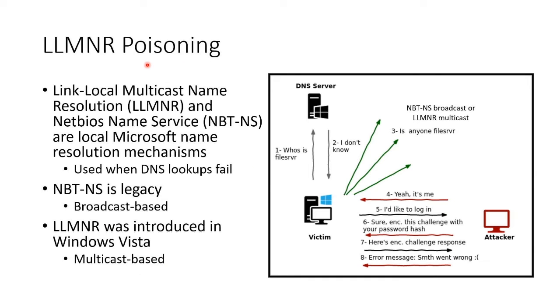You could also do something called LLMNR poisoning. LL, link local multicast name resolution, LLMNR. This is something since Vista. And what it is, Microsoft joined the TCP/IP game a little later than everybody else.